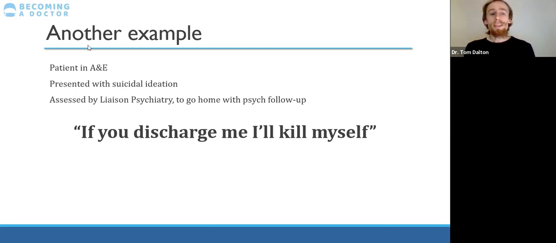And this is a tiny little fragment of detail out of what would be a full assessment where you'd know a lot more about the person. I'm not saying the right thing to do isn't to admit them, because there are lots and lots of things that are going to go into making that assessment.